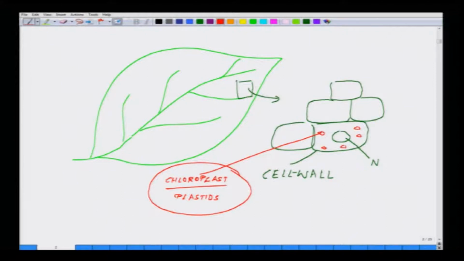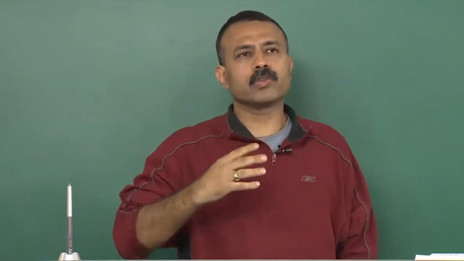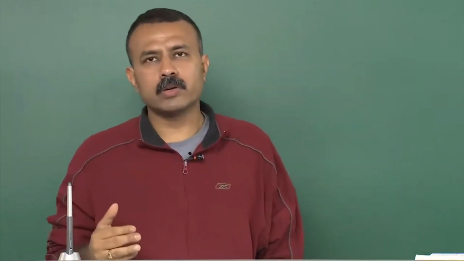What we will be doing now, from the macro structure of the leaf, is moving into the cellular structure, and within the cellular structure, into the subcellular structure. I'll just take a little step backward here on how these structures have probably evolved.